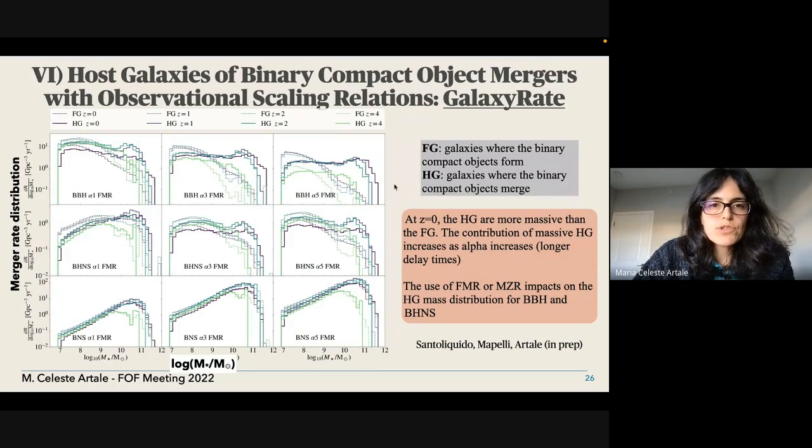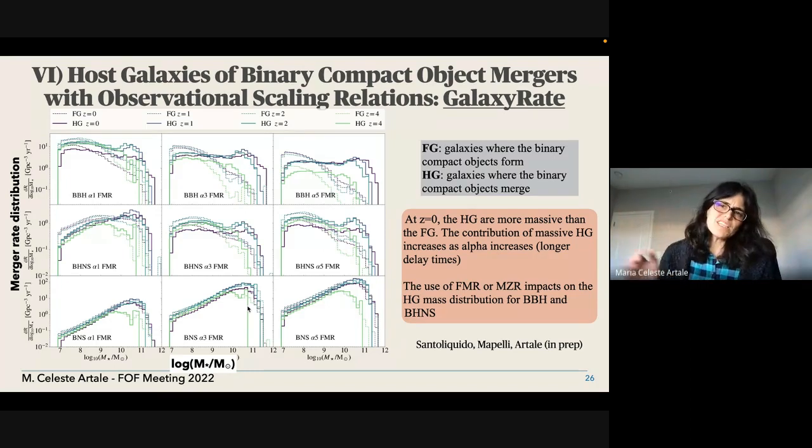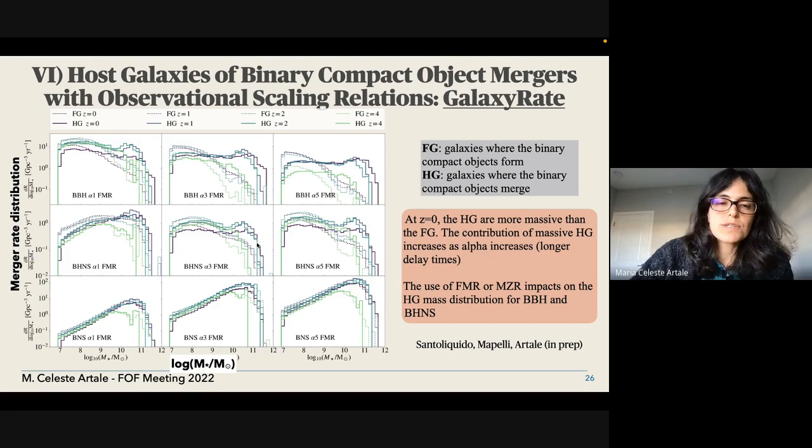The first row is for binary black holes, the second row is for black hole neutron star binaries, and the last row is for binary neutron star systems. Each column is a different run for our stellar evolution models: alpha 1, alpha 3, and alpha 5. This is connected with a phase called the common envelope, which is very challenging for stellar evolution models and can modify the delay time distribution of our binary compact objects a lot.